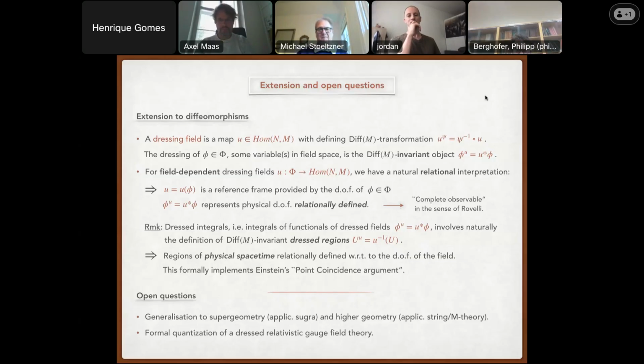But let me just propose perhaps a different criterion for distinguishing symmetries, although I don't know how far this could be taken.